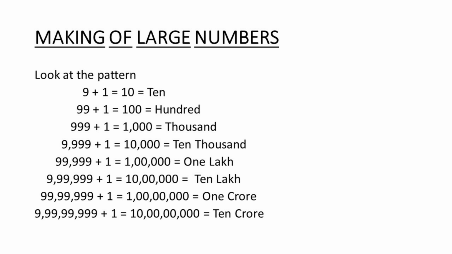Likewise, in the second pattern, 99 is added with 1. So 99 is the 2-digit greatest number and it gives us 100 when added with 1. So here 100 is the 3-digit smallest number.